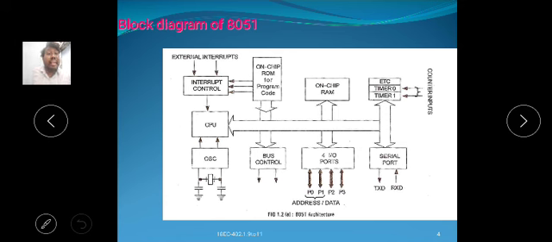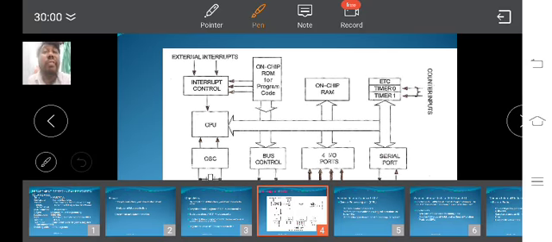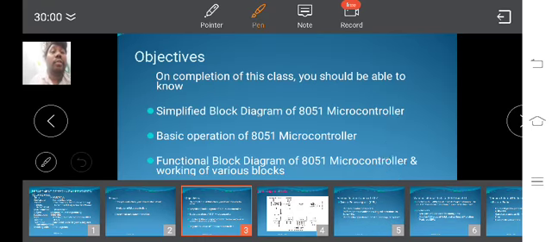The address and data ports are P0, P1, P2, P3, and counter inputs Timer 0 and Timer 1. The serial port handles transmission and receiving of the data. This is the simplified block diagram of 8051 microcontroller.